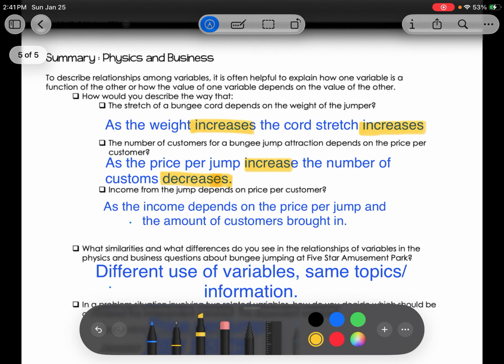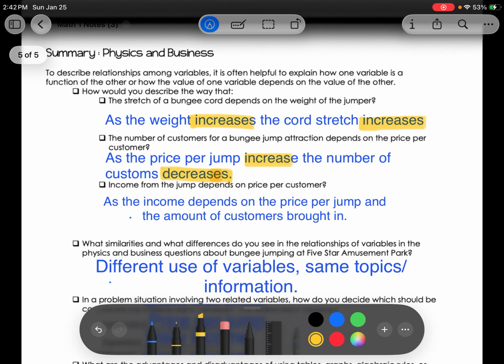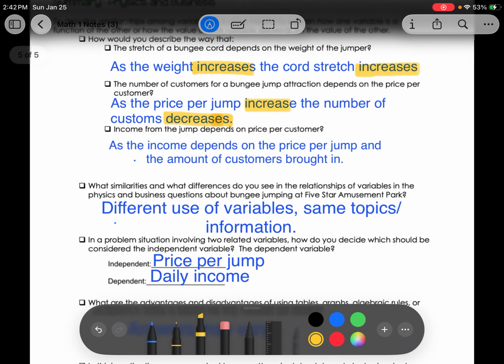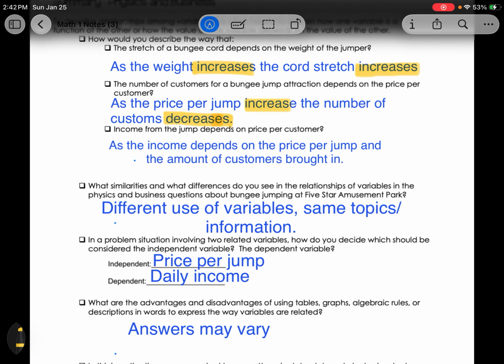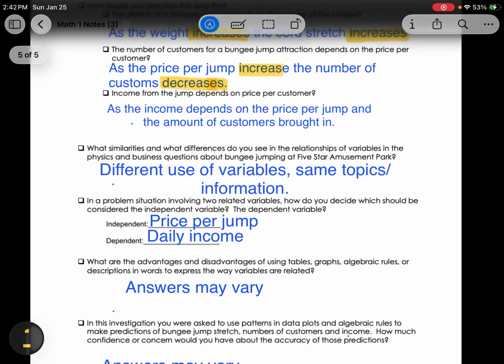And then, because this is just a summary part, this is just restating what we've gone over. As the income depends on the price per jump and the amount of customers buying it, it's asking us if the income for the jump depends on it. Yes, it depends.